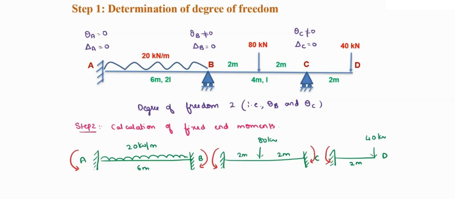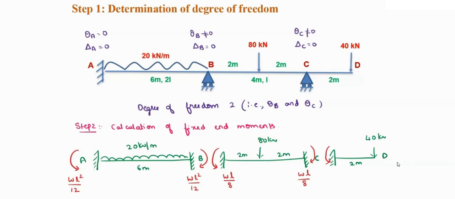The moment that is going to develop at A is WL square by 12, and here also it is WL square by 12. Whereas for the point load at the center, it will be WL by 8, and this will be equal to WL by 8. This one anyway we are going to take in the equilibrium condition.